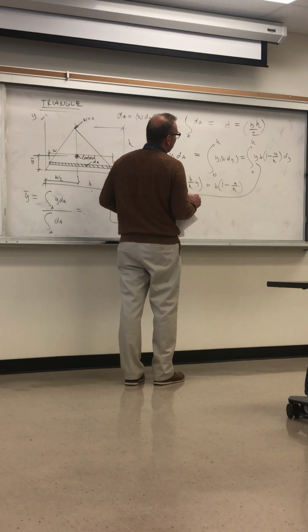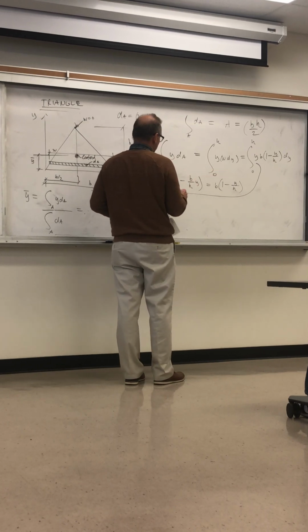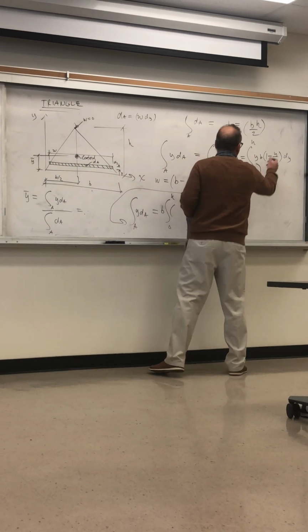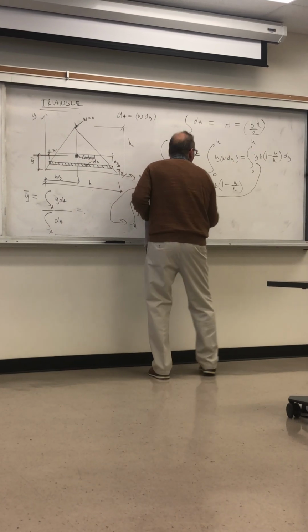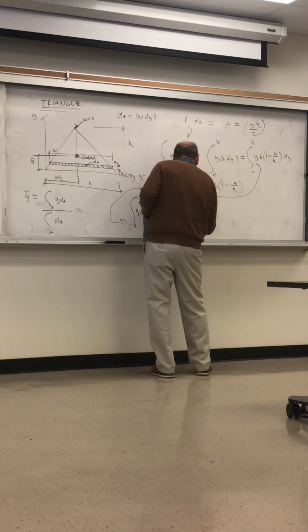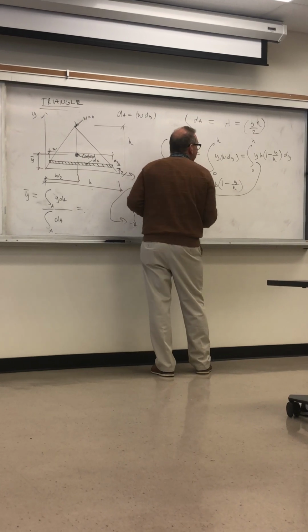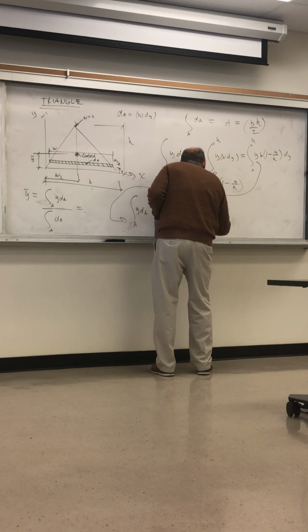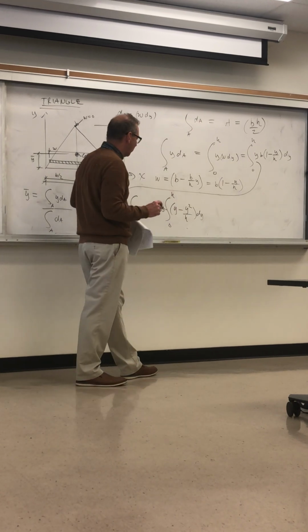I take the b out, I take the y in, have the integral from 0 to h, and then it's y minus y squared over h dy. So that's how we can integrate.